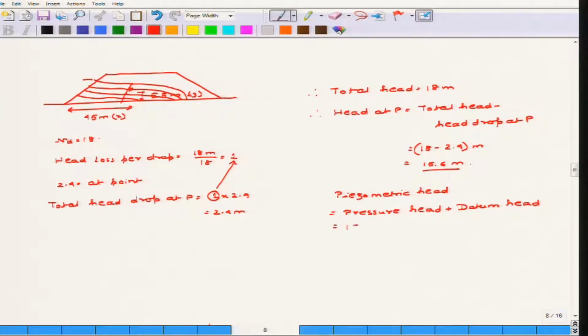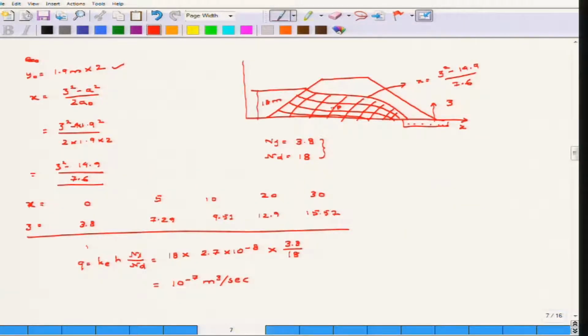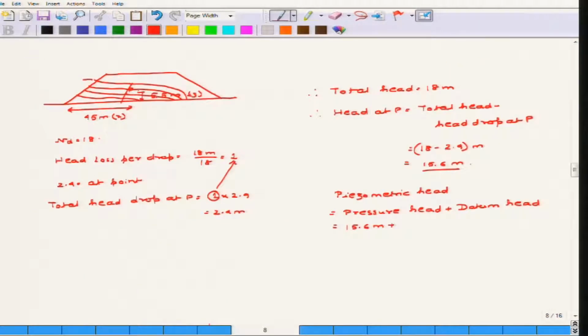Now, the pressure head at point P is 15.6 meter, and what is the datum head? We have already said that this point P is at a distance of 5.5 meter from the base. If you consider the total height of the dam as h, then the elevation head starts from here, this point is 0, because we considered this point to be 0. So, z starts at this point, where the blanket drain starts.